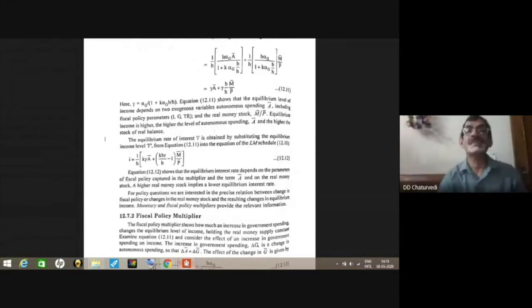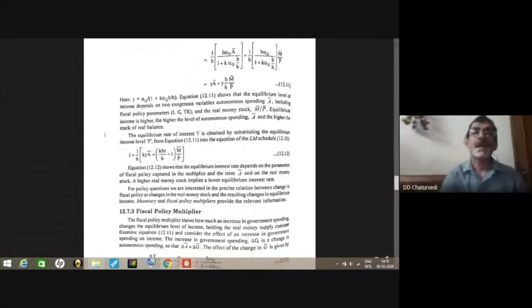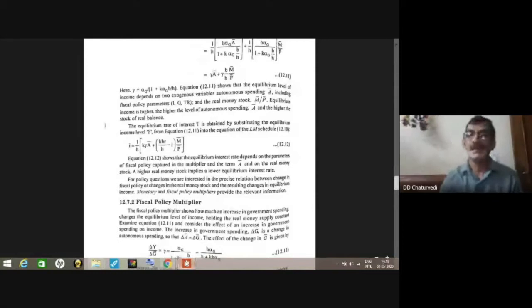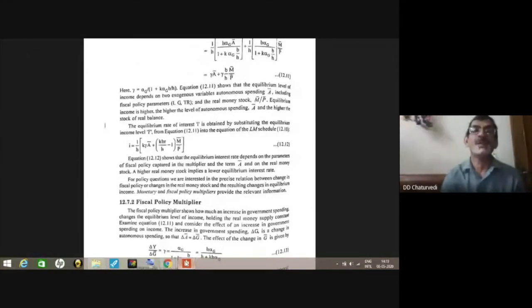So we shall be using equation number 12.11, which is giving us the value of Y. And from this, we can derive delta Y divided by delta G bar. That means we shall be differentiating equation number 12.11. When you differentiate it, you will get the value of the fiscal policy multiplier, delta Y divided by delta G bar.